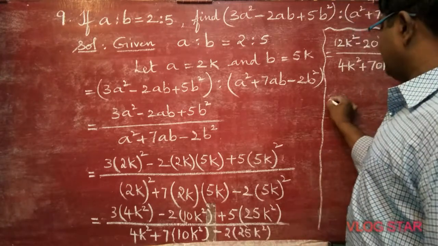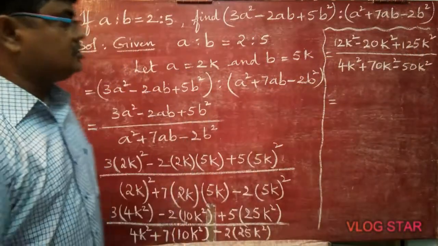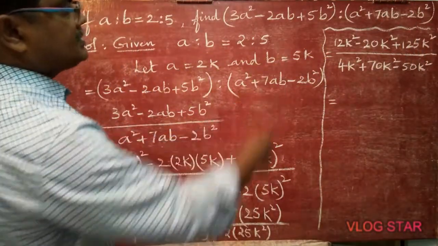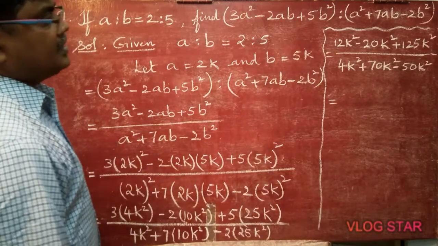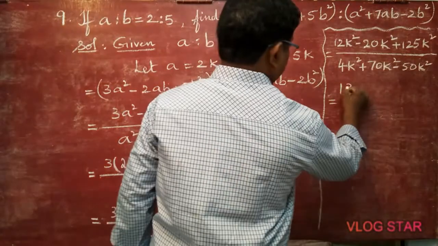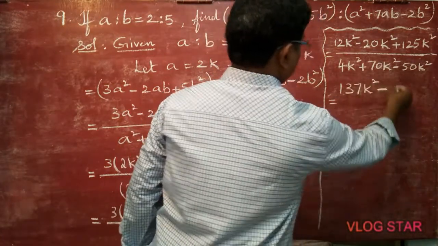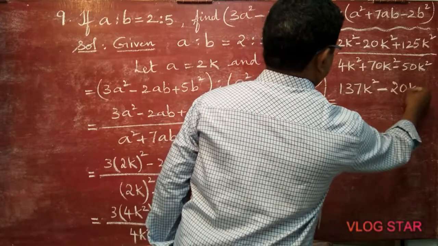Now simplify. First add positives. 12 plus 125 is 137. 137K square minus 20K square.